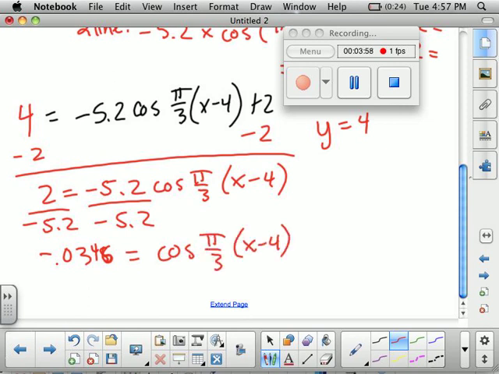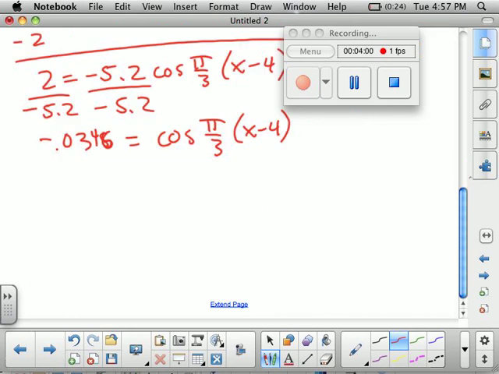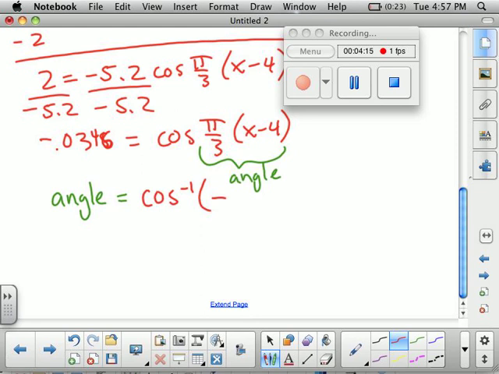Okay? Recognize at this point that your angle is this entire value right here. And if we're trying to solve for an angle, what we want to do is go ahead and do the inverse cosine of the decimal we generated earlier.